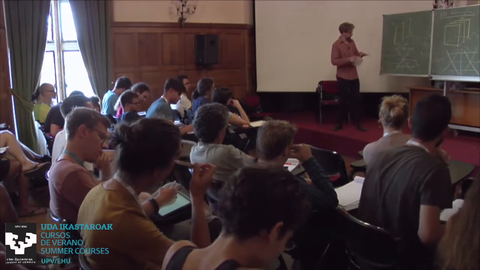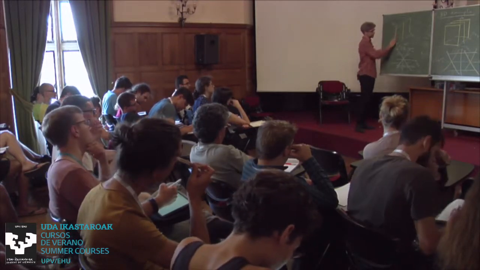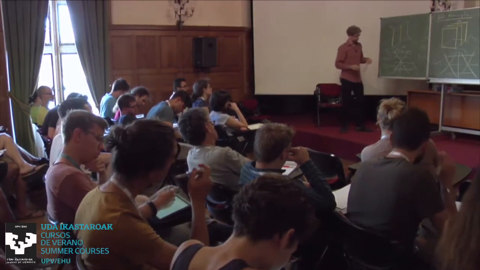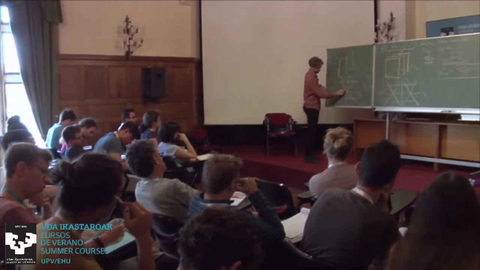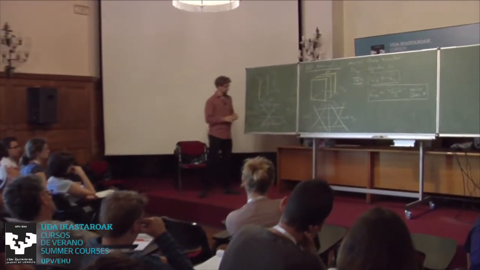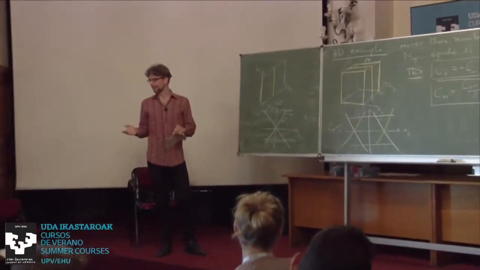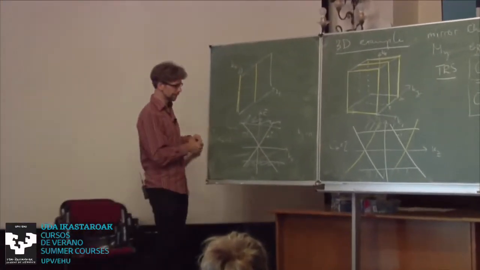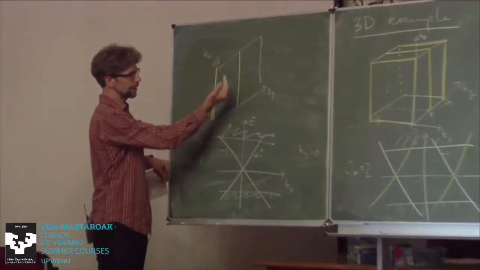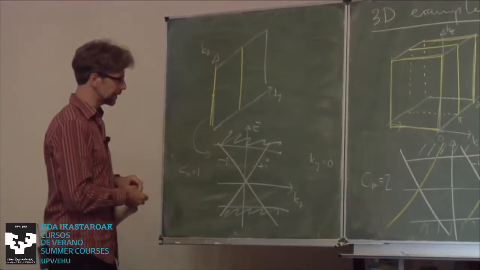So we just made this one cut, right? And we see that these states basically meet at the point. But away from this point, there's no need for any degeneracy between bands. There's no symmetry-enforced need for degeneracy. So generically, the bands will be non-degenerate in these other directions.